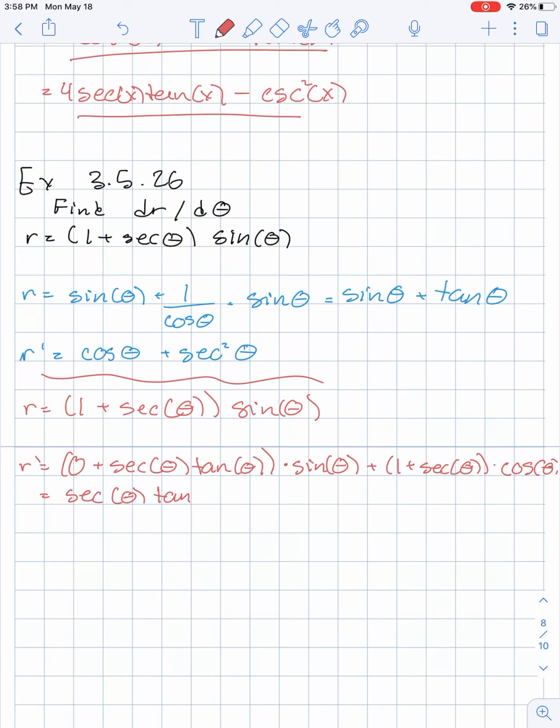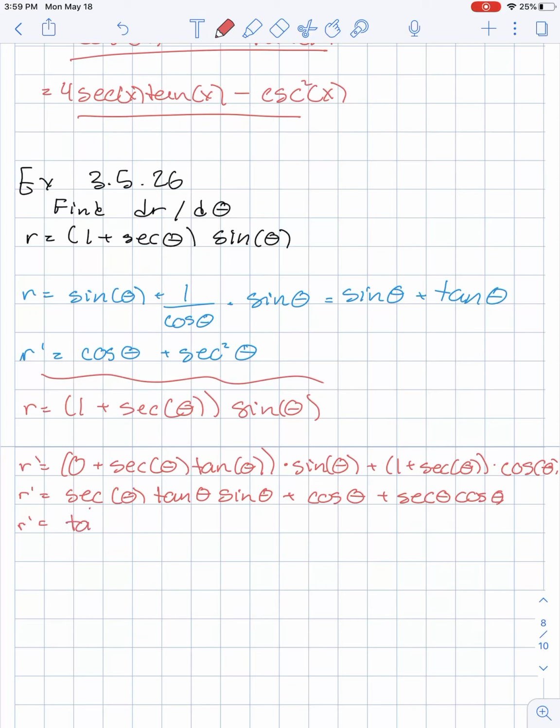So now I have secant theta tan theta sine theta, plus, distribute this cosine theta plus secant theta cosine of theta. Well, this just looks like an absolute mess. So let's simplify.